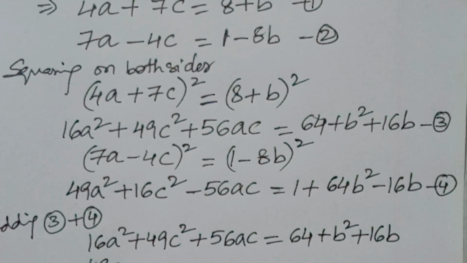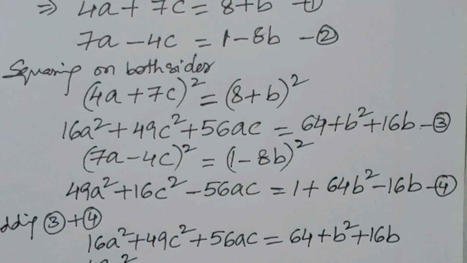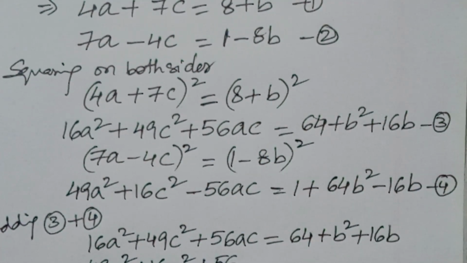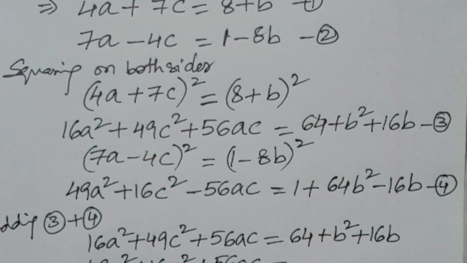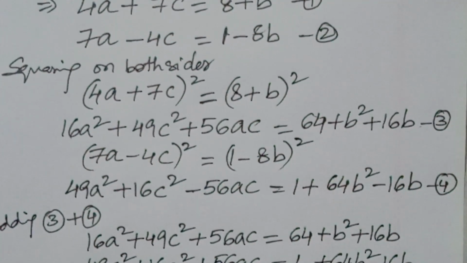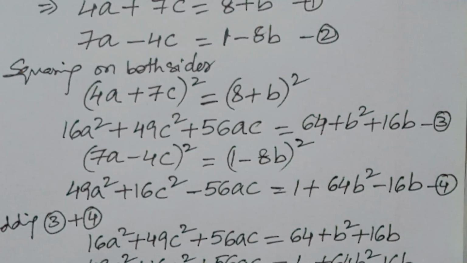Second one: 49a square plus 16c square minus 56ac is equal to 1 plus 64b square minus 16b. These two are adding.